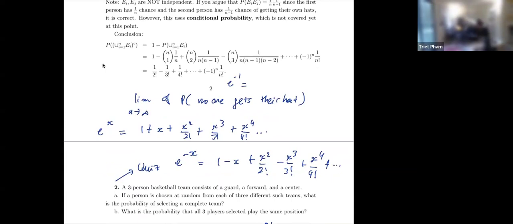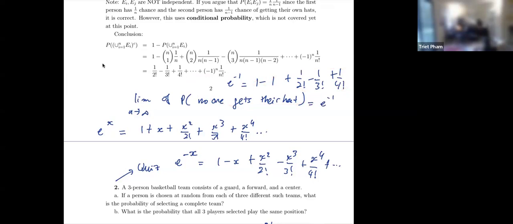So you plug in 1 here, because it's e to the minus x already. You get 1 minus 1 plus 1 over 2 factorial minus 1 over 3 factorial plus 1 over 4 factorial and so on, which is exactly this sum.